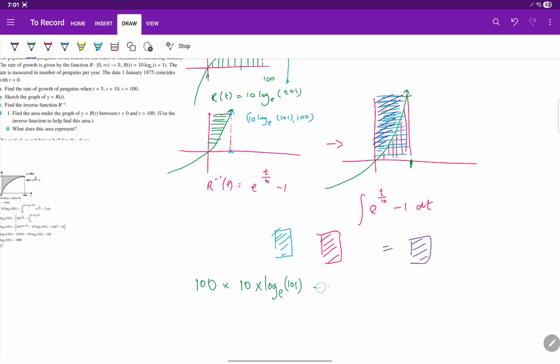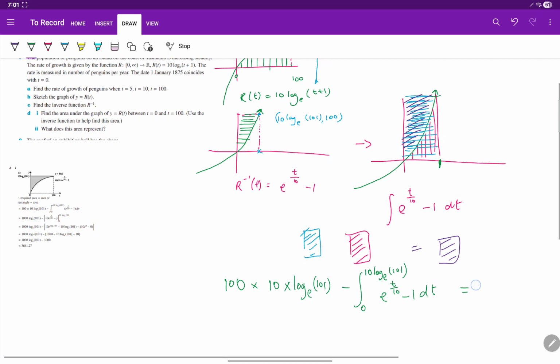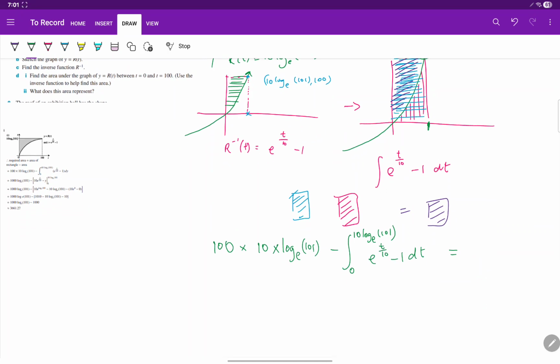Okay, and then we're going to subtract the integral from 0 to 10 log e 101 of e to the power of t over 10 minus 1 dt, and that's going to hopefully give us an answer. From here, you'll find that there are parts of it that you can evaluate by hand, and some parts that are not evaluable by hand. So let's just do this.